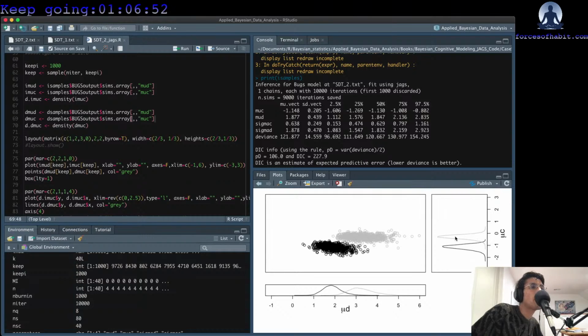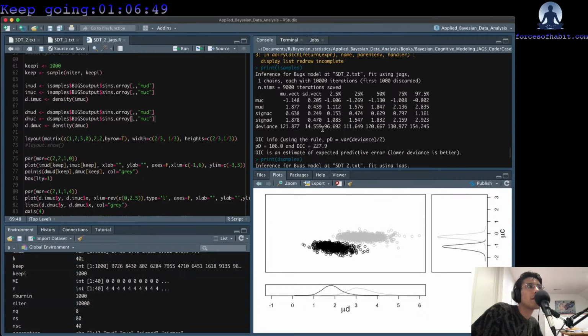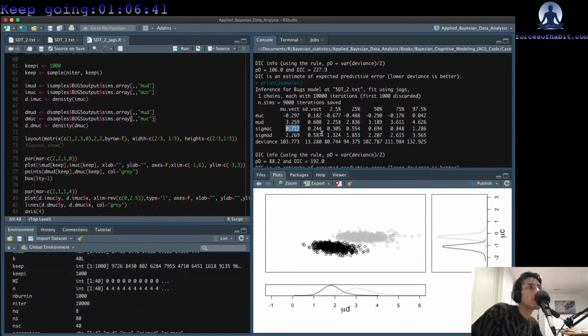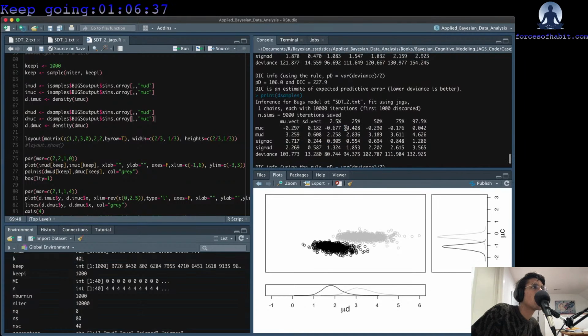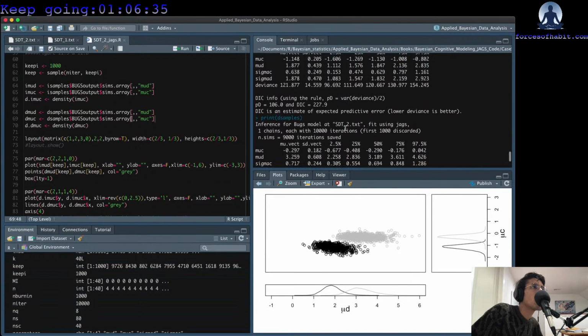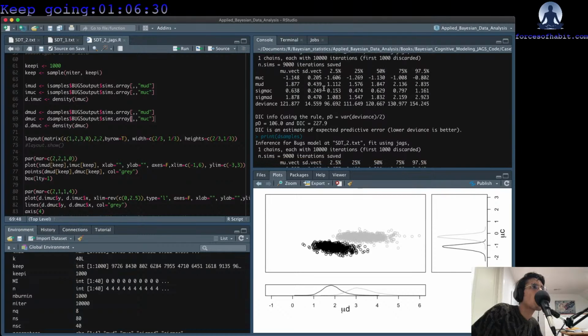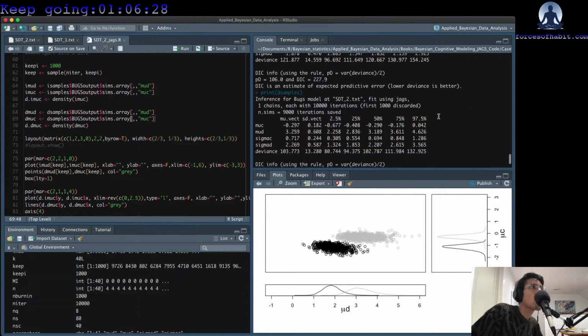Right, but there's the probability that there's no bias in the deductive here. Does the sigma cross 0? That's close. I guess it doesn't. No, it's just close.